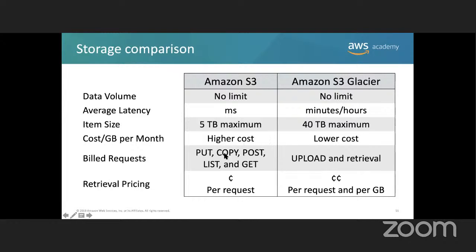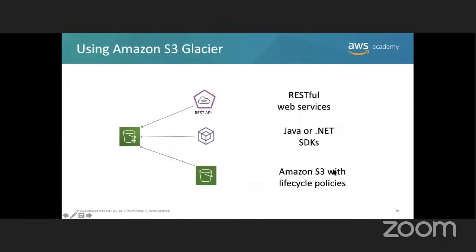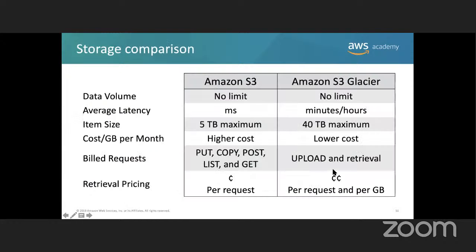The operations are put, copy, post, list, and get, and you're going to be billed by that. And this way you're going to be billed by upload or retrieval. It's going to cost you less to request an object from S3 than from Glacier, because it's per request and per gigabyte. Just remember that, guys.